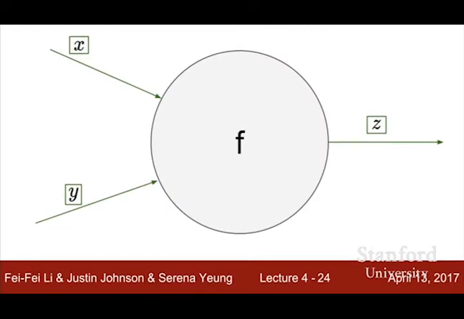OK, so what we're doing in backprop is we basically have all of these nodes in our computational graph, but each node is only aware of its immediate surroundings. So at each node, we have the local inputs that are connected to this node, the values that are flowing into the node, and then we also have the output that is directly outputted from this node. So here our local inputs are x and y, and the output is z.